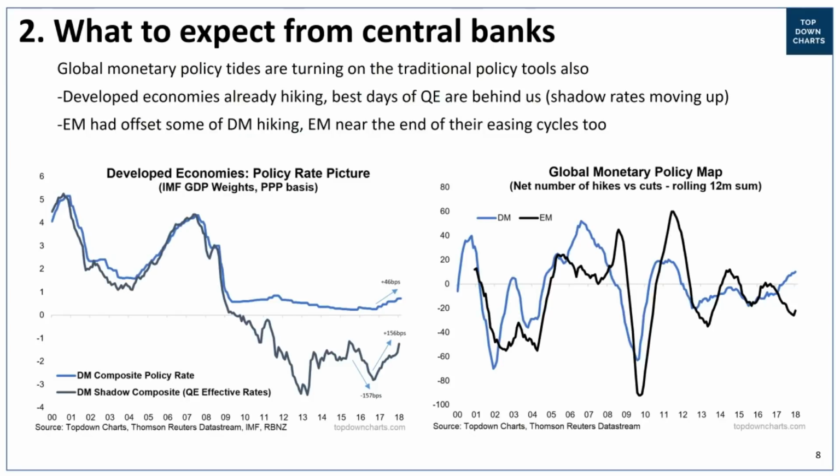And then probably more noticeable is the line below it, the darker, blackish color. Just to explain that first of all, that is the shadow rate composite. The shadow policy rate is calculated by some researchers at the RBNZ, the Reserve Bank of New Zealand, of all places. And basically it's designed to give you a look at what the policy rate is once you take account of the quantitative easing or balance sheet maneuvering that's going on.